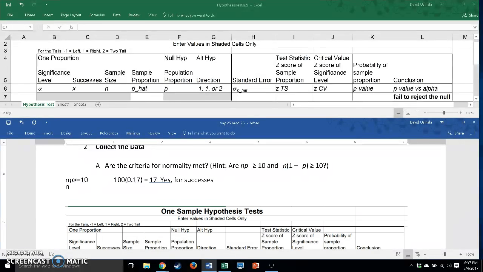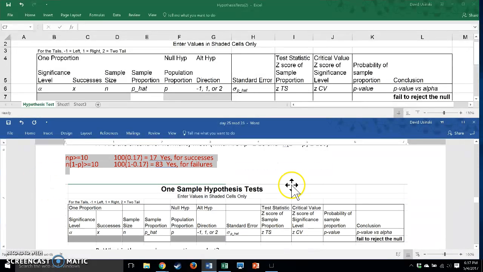All right, let's try the next one. That's n times 1 minus p. So 100 times 1 minus 0.17 equals 83. And that would be yes for failures.